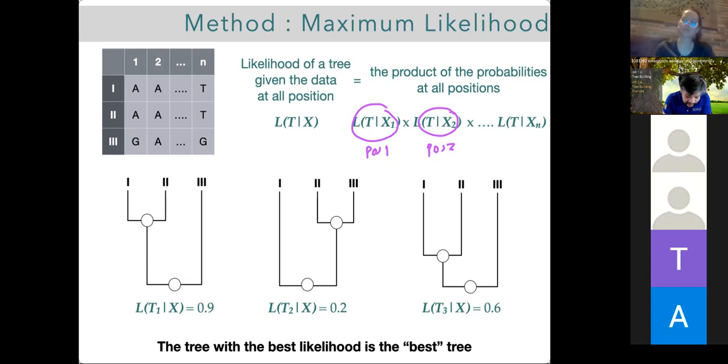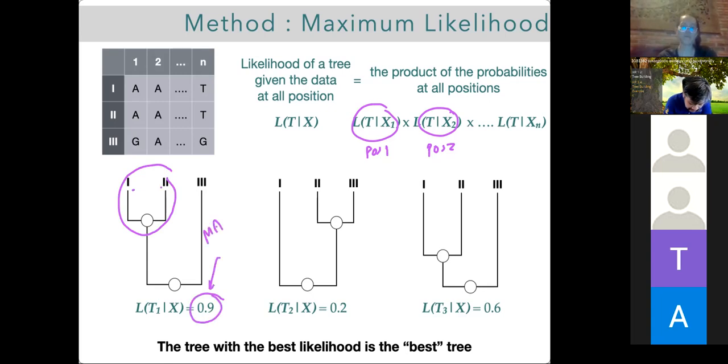And you can see that this configuration of 1 and 2 together, and 3 being the farthest one, has the highest likelihood. So this one has maximum likelihood.